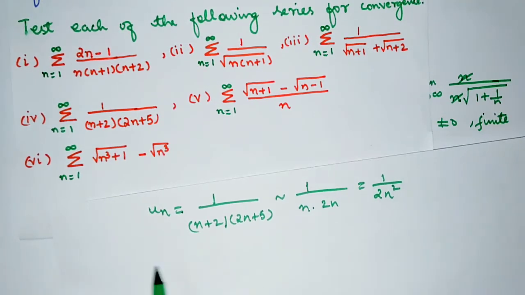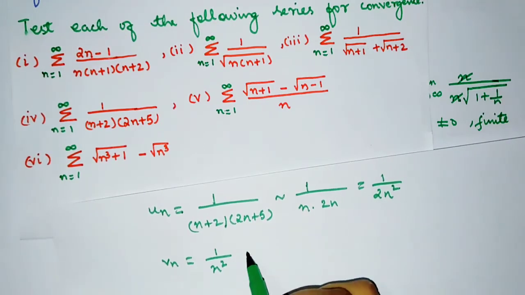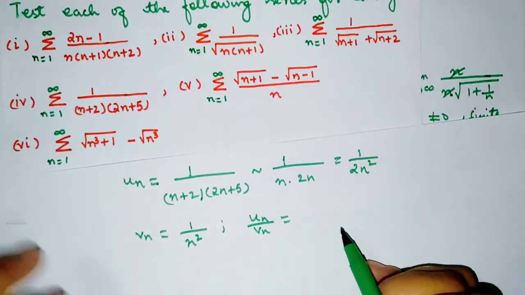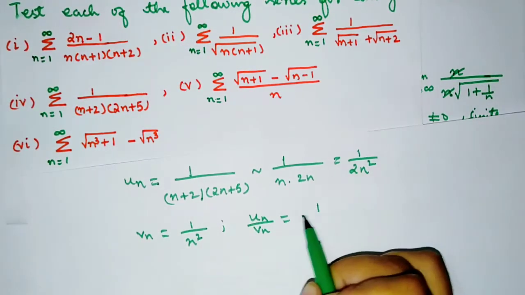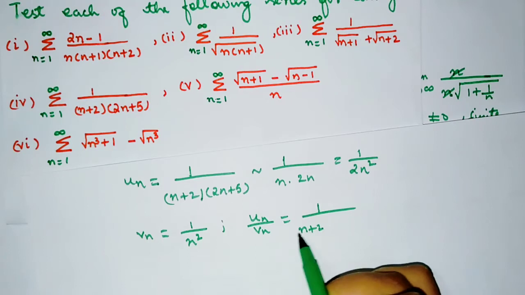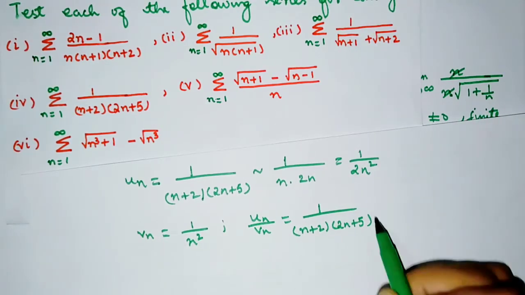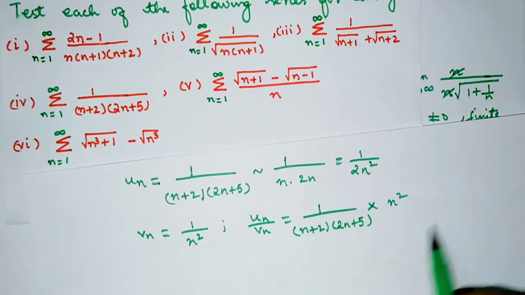Find Vn from un. What is Vn? It is 1 upon n square, and then divide un by Vn. Our Un is 1 upon n plus 2 into twice n plus 5. So we have n square.